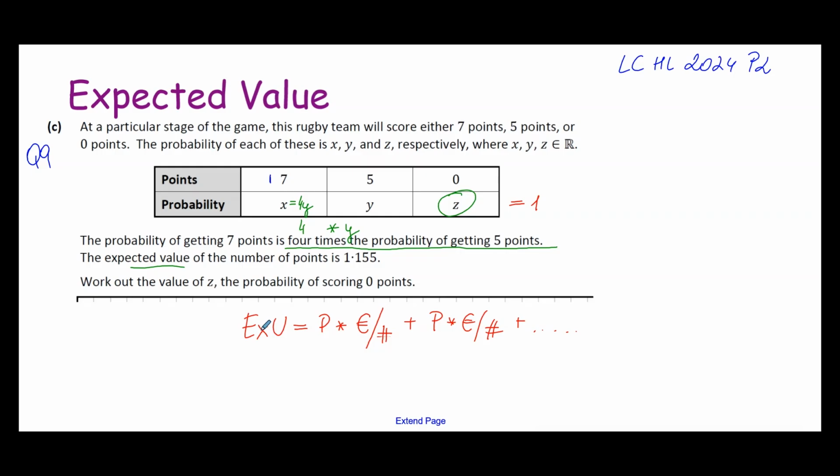So our expected value here is 1.155, and they got that how?